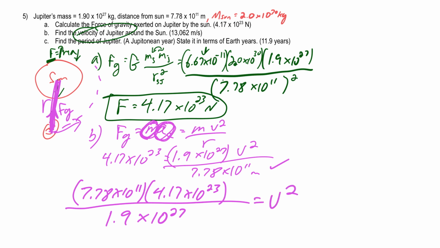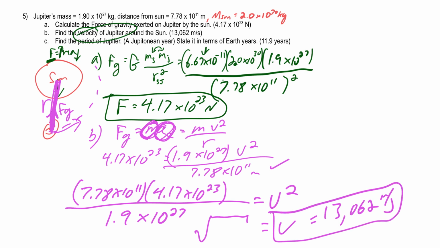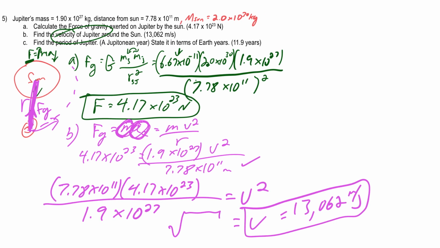And then finally, once you get that number, square root it, right? That's going to give you your v. So v is about 13,000. My key says 13,062. You can double check that for me. Write me a comment if it's wrong.